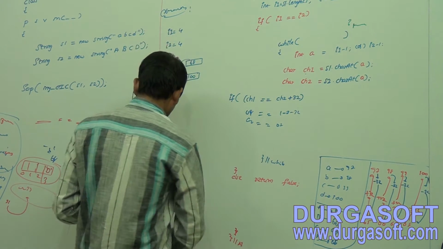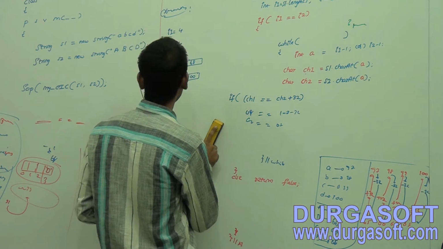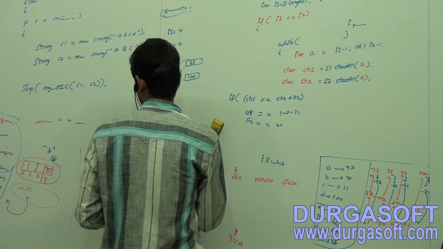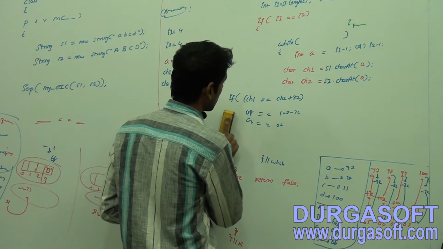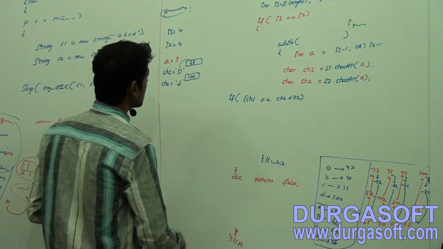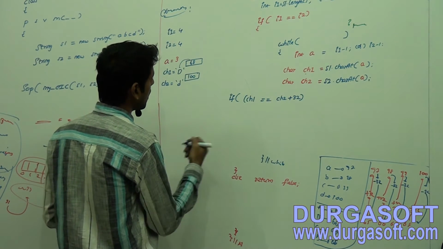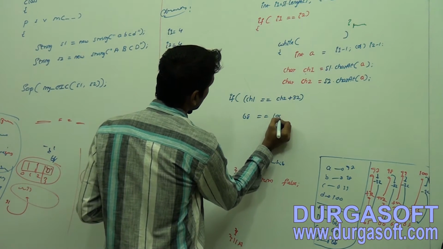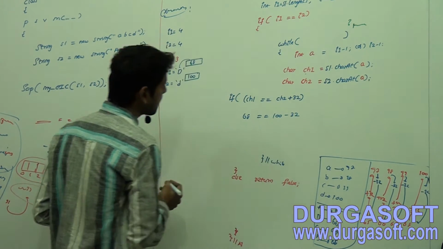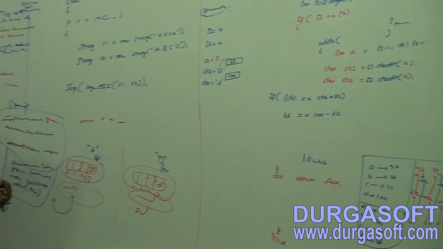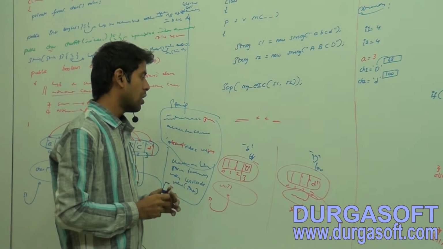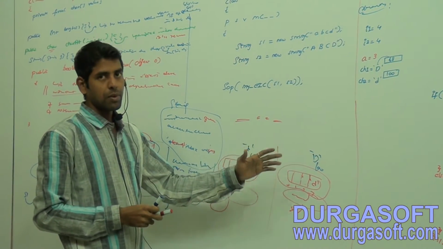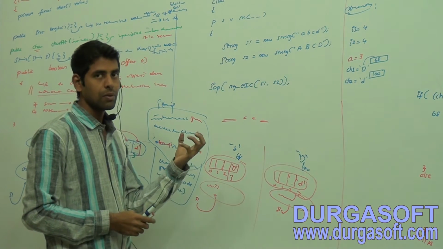Okay, now observe. This value is 68 and this value is 100 minus 32. Observe this part. Just take these memory representations and you will get very good clarity.